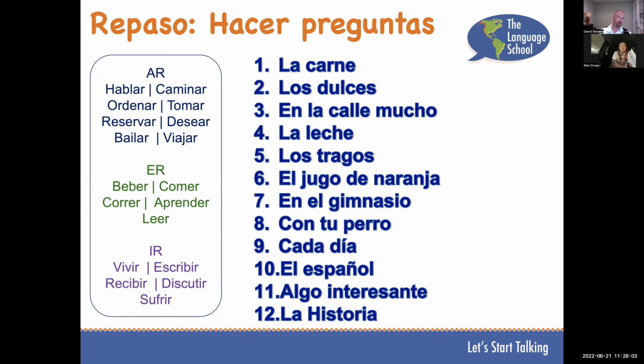Read with your dog. Do I read with my dog? Yeah. See, because I do everything with my dog. I read with my dog. ¿Lees cada día? Sí, leo cada día.